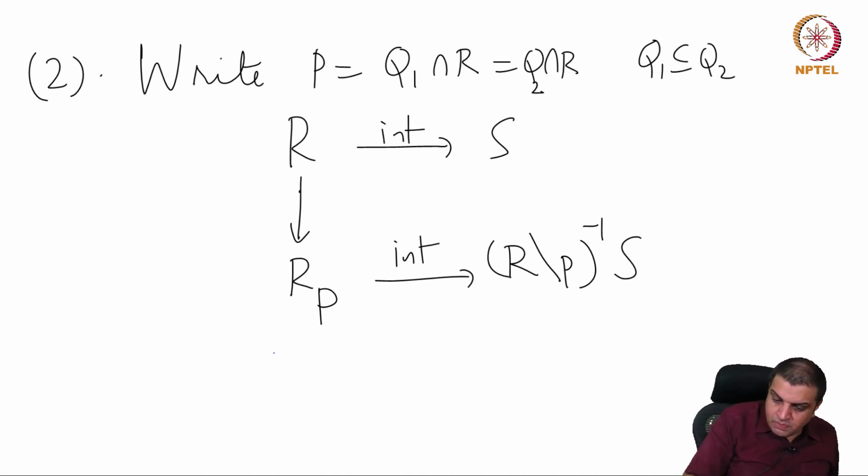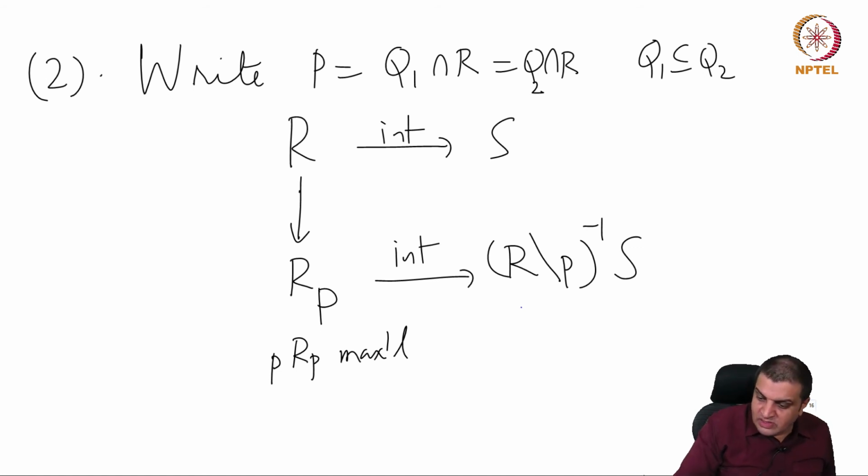So P RP is the maximal ideal here. So let's call this ring, local after this inverting, S prime.